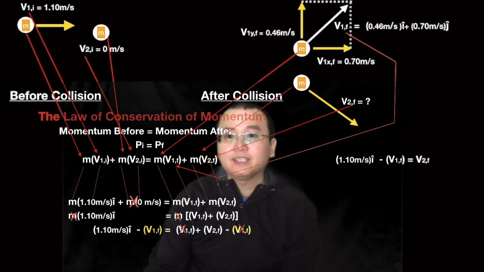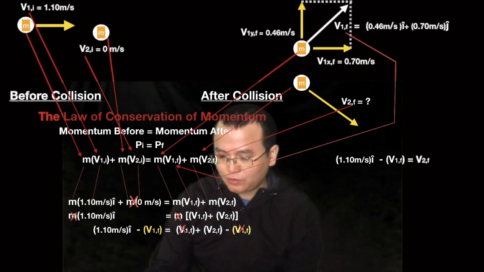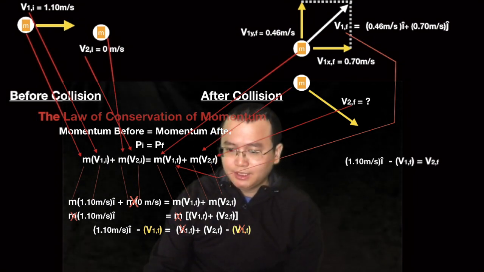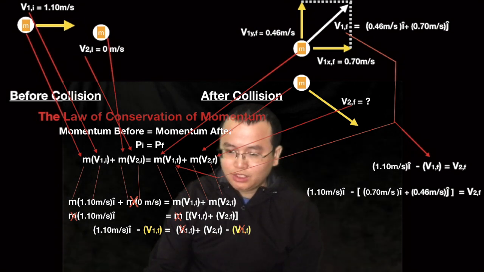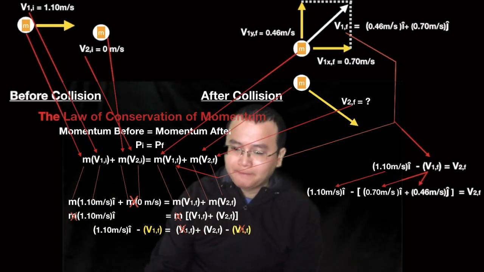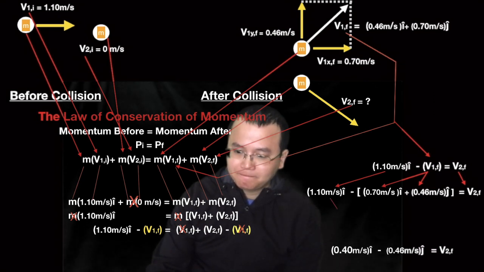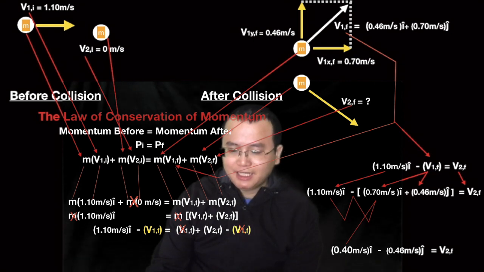Let's move over here to have more room. So now I again input the information that is given to me. 0.4 meters per second in the x direction.